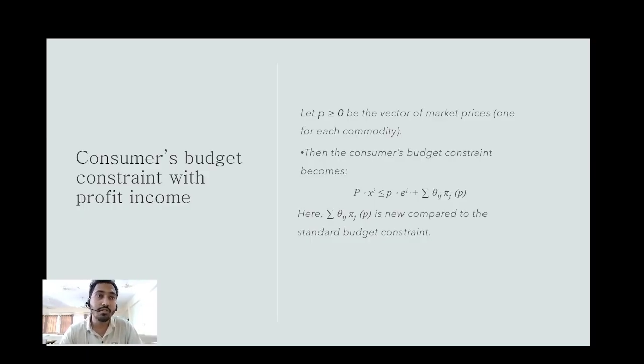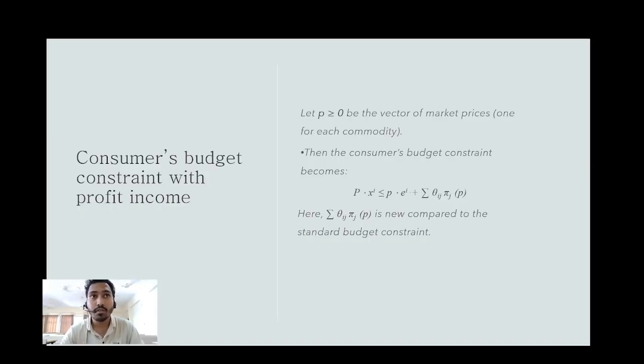Here P dot xi is the consumption of the consumer, and it is less than or equal to P dot ei, where P dot ei is the endowment of the consumer, plus the summation of theta ij pi j p. If you notice, the consumption of the consumer is less than or equal to the endowment, but the extra part is the summation of theta ij pi j p.